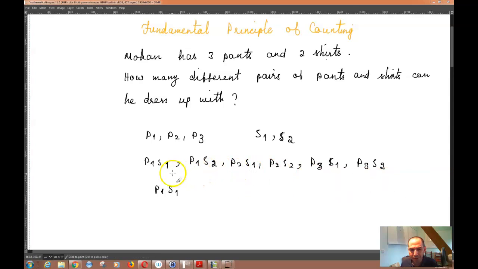So in total I have pants 1 with shirt 1, pants 1 with shirt 2, pants 2 with shirt 1 and 2, and pants 3 with shirt 1 and 2. And so I have 1, 2, 3, 4, 5, and 6 different pairs here.